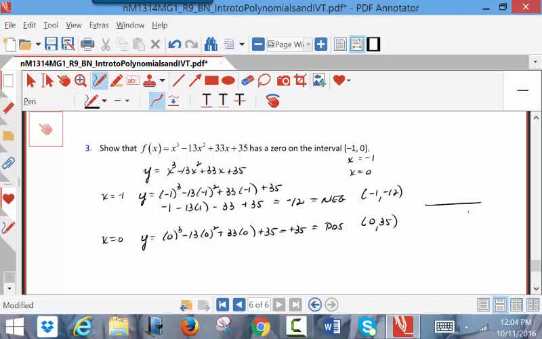If it's going from somewhere over here like negative 1, negative 12, up to the point 0, 35, would I have to cross the x-axis? Yes, I would. So the answer is yes, an x-intercept exists in between those two x values. It will cross the x-axis. I don't know exactly where, but it's going to come through it. That's all I want to know. Yes or no, will one be in there?